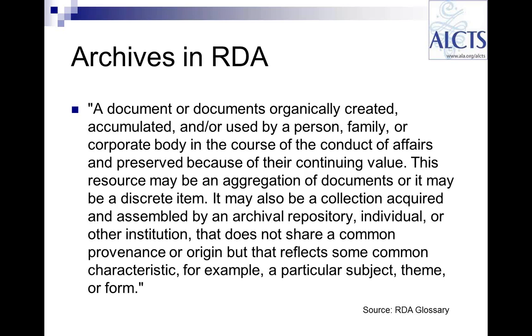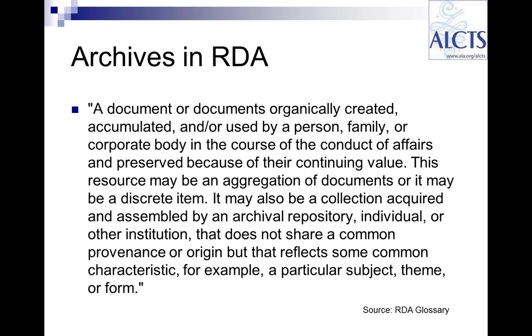The glossary does include a brief definition of what archives are, which is a fairly good definition, pointing out the organic nature of archives as something that's produced in the conduct of affairs of a person, family, or an organization. It also points out that archival resources exist at various levels of aggregation, from a large collection down to an individual item.